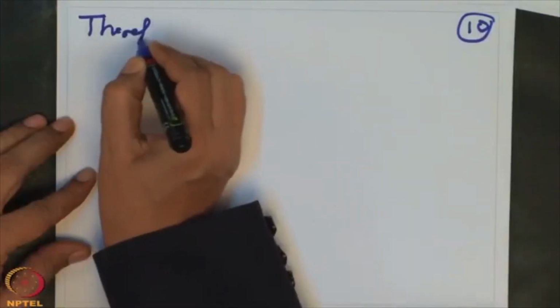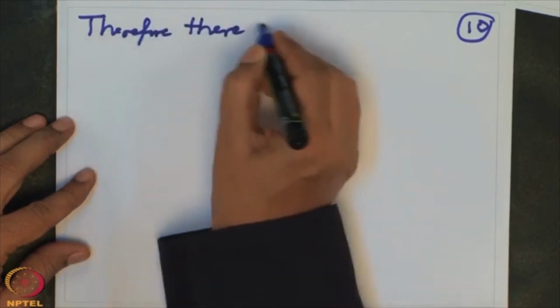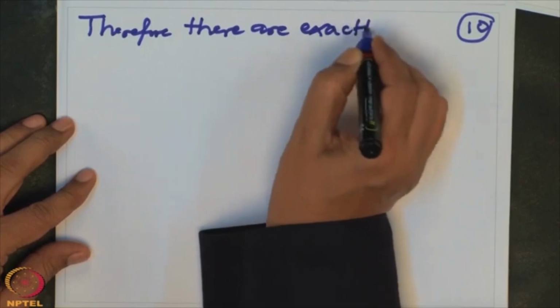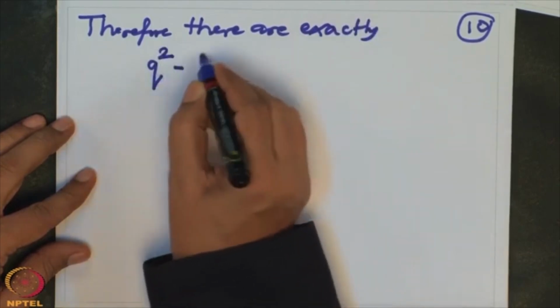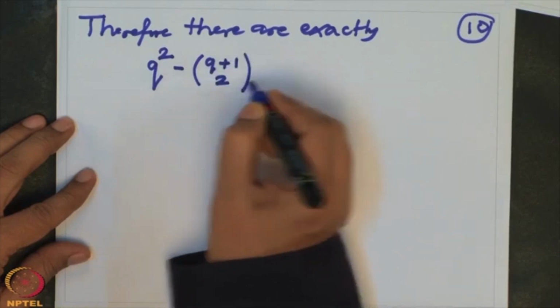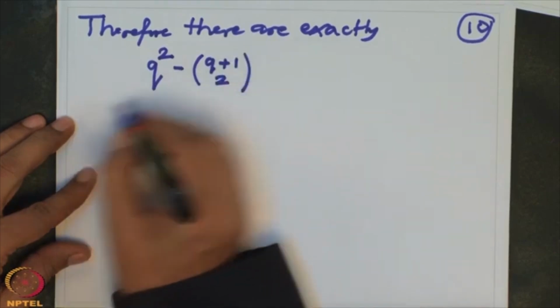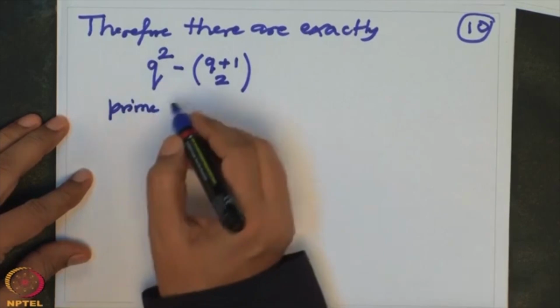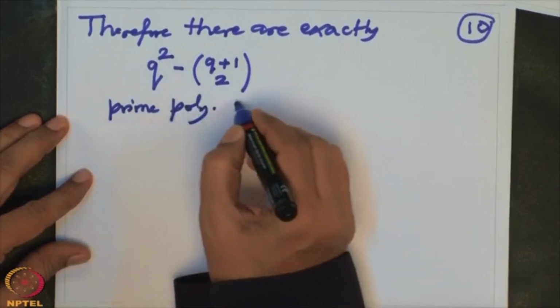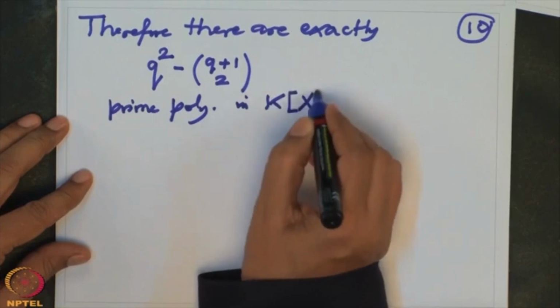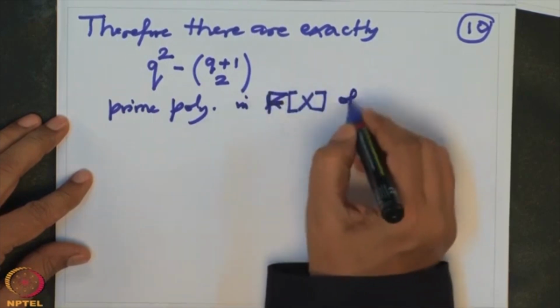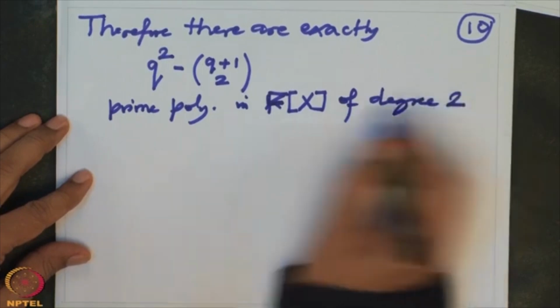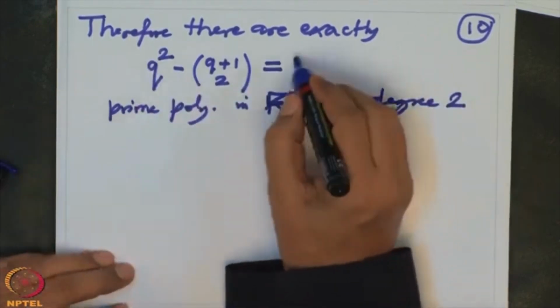So what we know therefore is there are exactly q square minus q plus 1 choose 2 prime polynomials, monic being included in our definition, in F[x] of degree 2. And what is this number? This number is nothing but q choose 2.